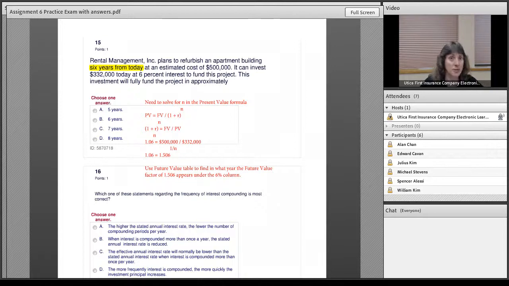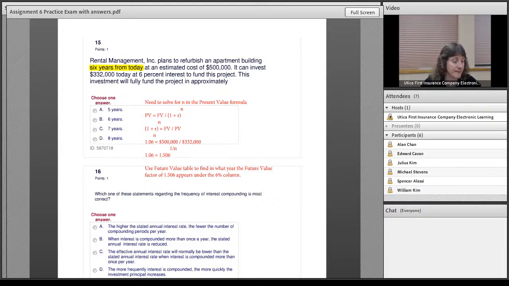That gives me 1.06 to the n equals 1.506. Then I went to the future value table to find out what year the future value of 1.506 appears under the 6% column. So you find the 6% column, find where 1.506 is, and it tells you how many years. And they found out that it's 7 years.